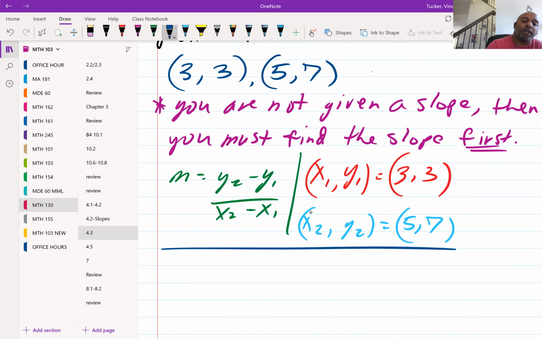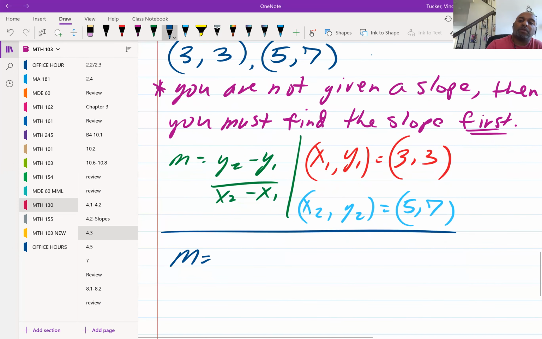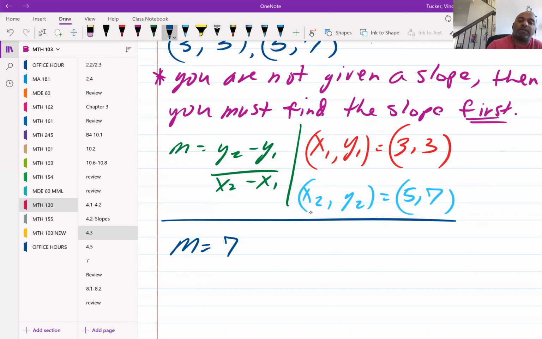So from there, go ahead and find your slope. Y2 is 7 minus y1, which is 3. X2 is 5 minus x1, which is 3.